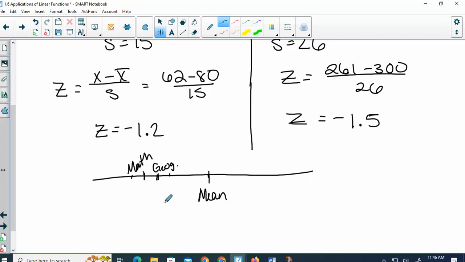In which one did we do better? Geography. We're below average in both, but we are less below average in geography. If those had both been positives, which one would have been the better score? The 1.5, because they would have been above average, so the higher above average you are, the better the score. Does that make sense? Anything else on this page?